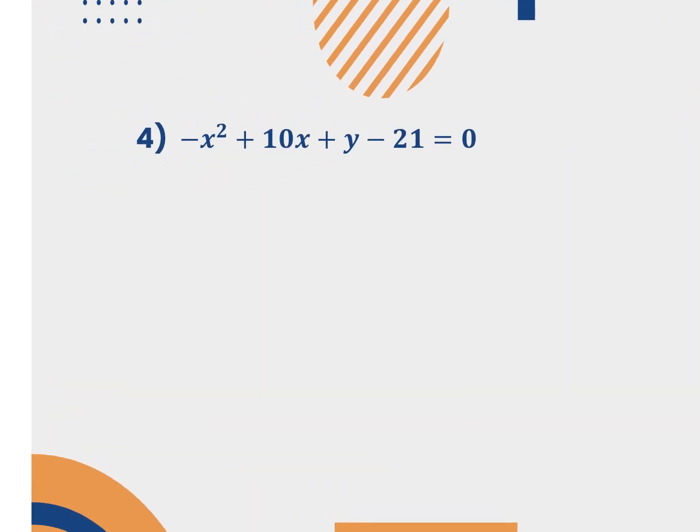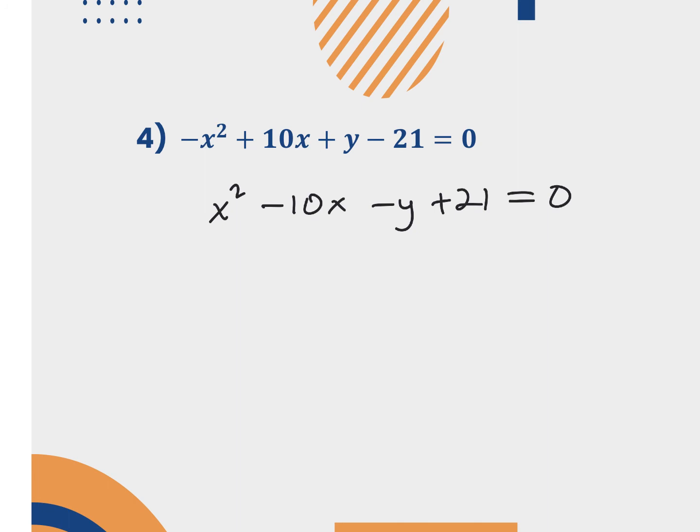Notice there's only one squared variable. It's the x. Now, what I like to do here is I want my square term to be positive. So I'm going to first start out by just dividing everything by -1. So I'm going to change this to x squared minus 10x minus y plus 21 equals 0. Next thing I need to do is move the constant to the other side, and also move the y to the other side.